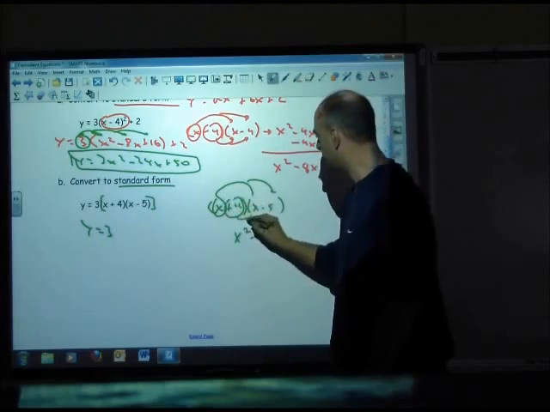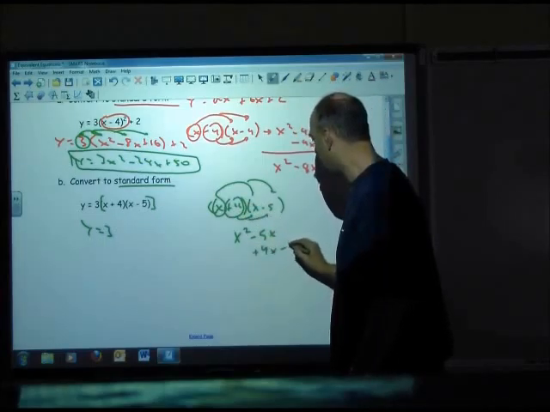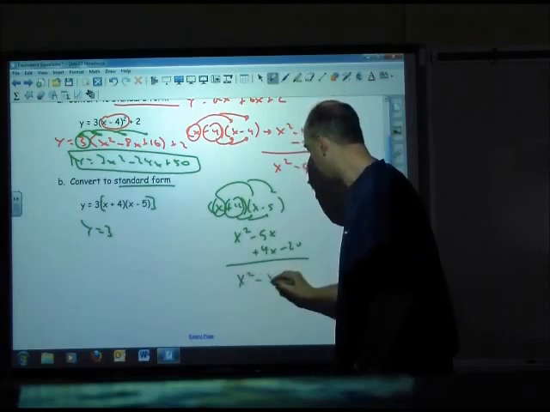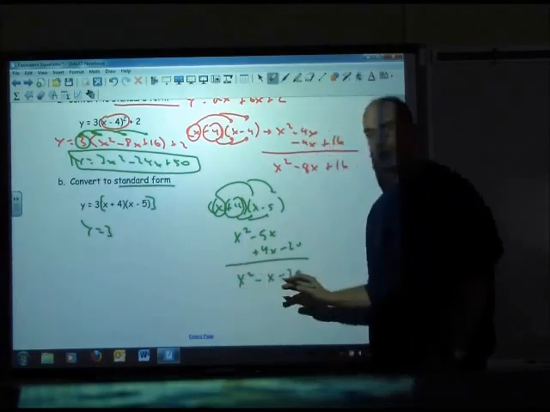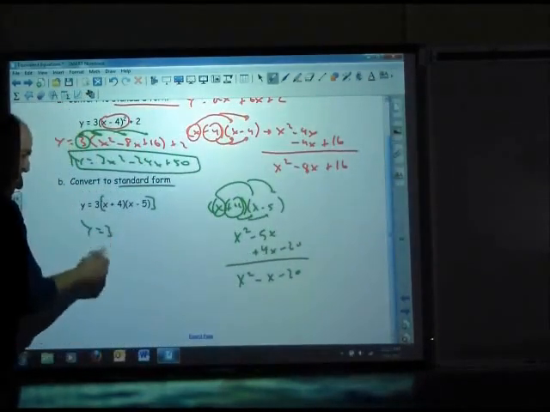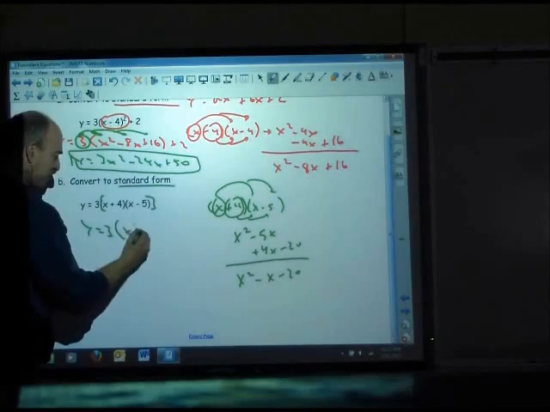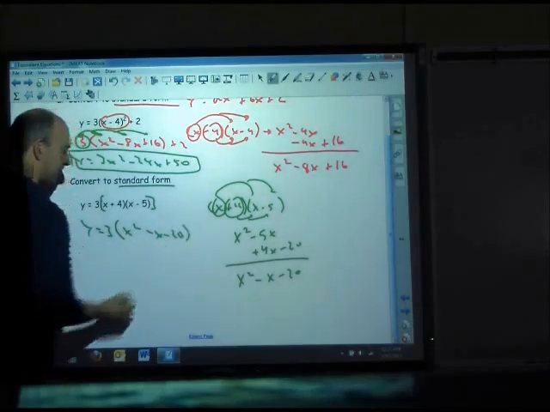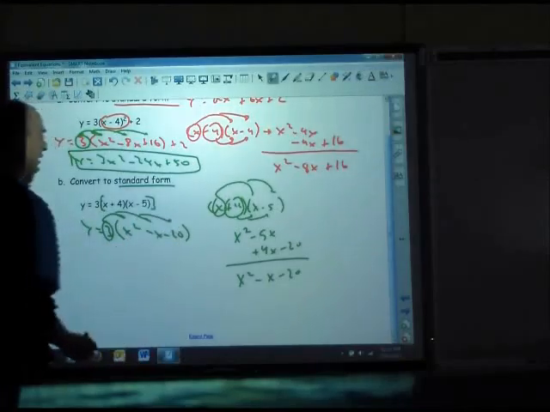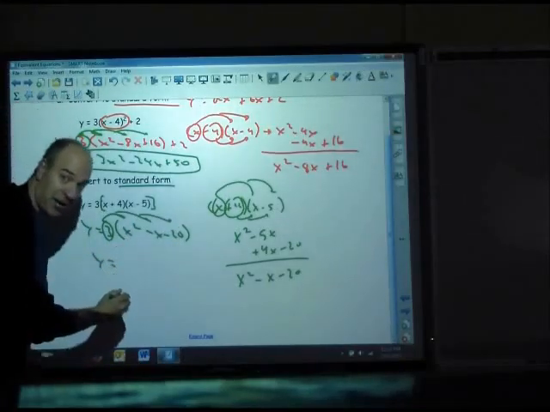And the 4 comes through, positive 4x, negative 20. You put all the stuff together like a bowl of chili, and you got that trinomial product. That now is going to get multiplied by this 3. So that has got to go into parentheses. And then I can distribute the 3 through there and get my quadratic in standard form.